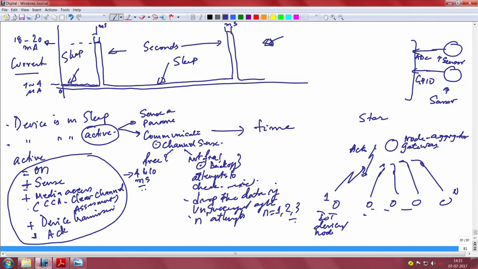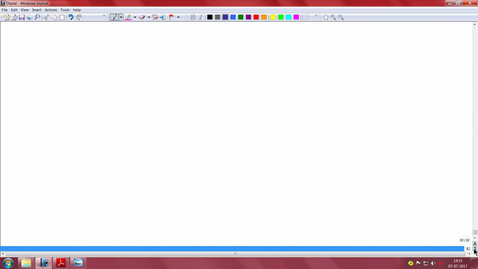Alright. So for that I will do for device in sleep, let us say it sleeps for 1 hour. So that is 3600 seconds, and average current consumption I said is anywhere between 1 and 4. So I will take 1 to be on the lower side.